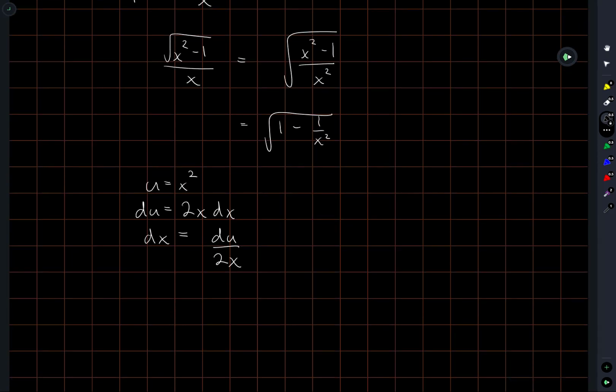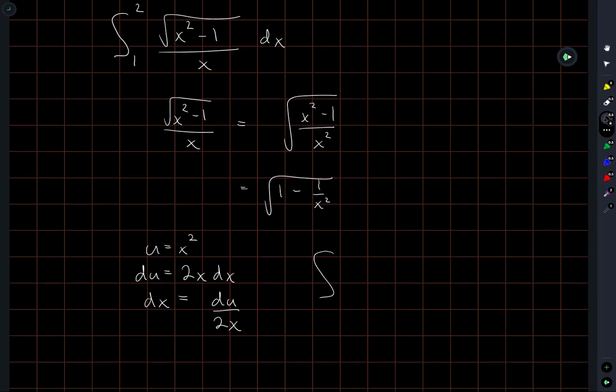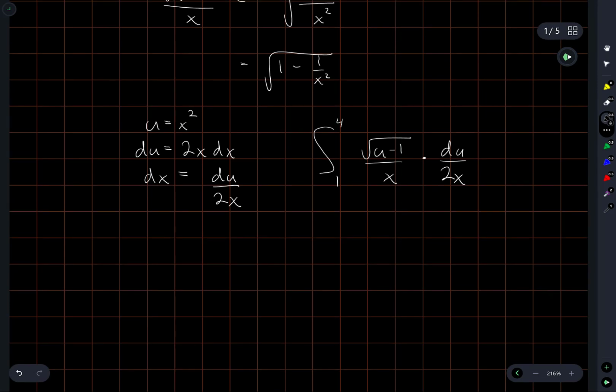So then my integral goes from 1 to 4 of u minus 1 divided by x times du over 2x, which gives me 1 over 2 times u minus 1 over u du.